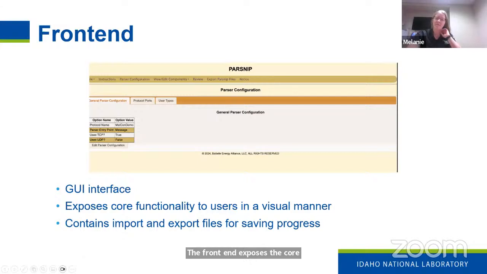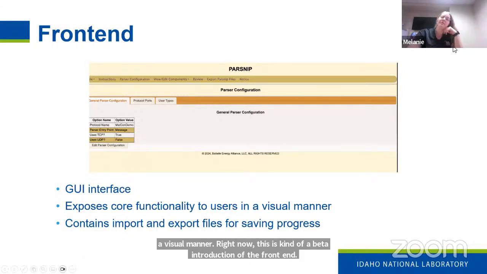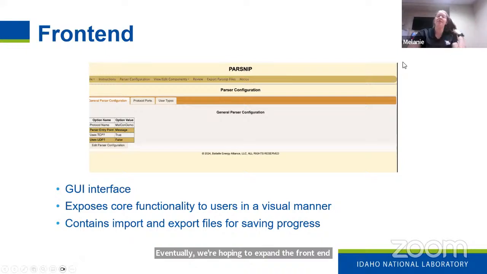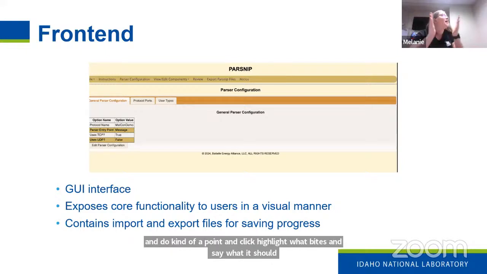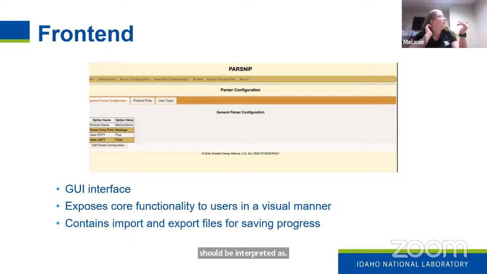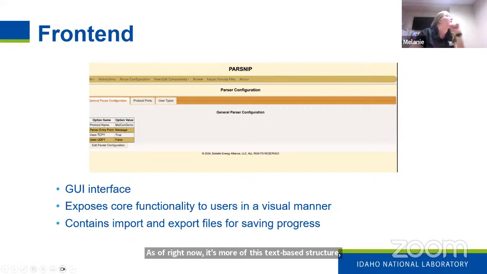Right now, this is kind of a beta introduction of the front end. Eventually, we're hoping to expand the front end to allow users to upload packets or captures and do kind of a point and click, highlight what bytes and say what it should be interpreted as. As of right now, it's more of this text-based structure, and we will work towards improving this.